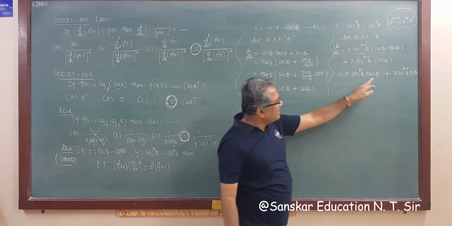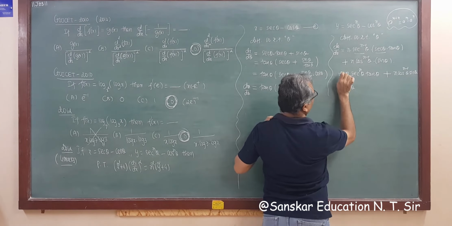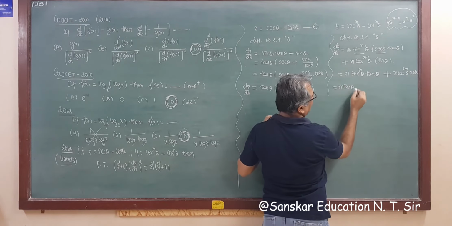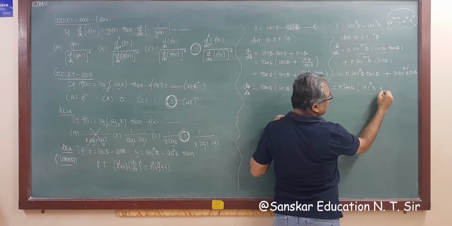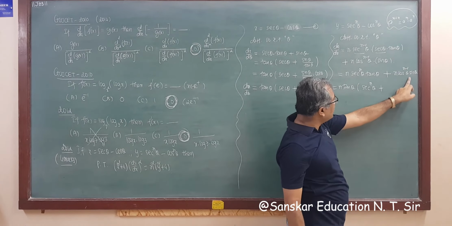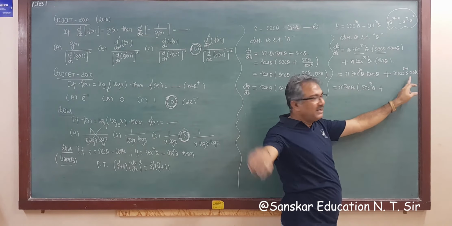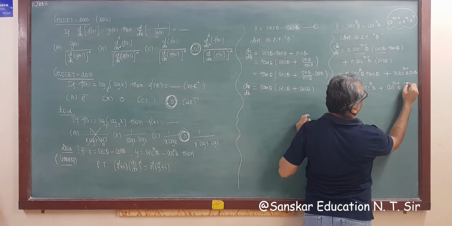So now taking n tan theta common, the remaining is sec raised to n theta plus, here there is no tan theta, so we have to divide by tan theta. So this is n tan theta, cos raised to n minus 1 theta sin theta upon tan theta.